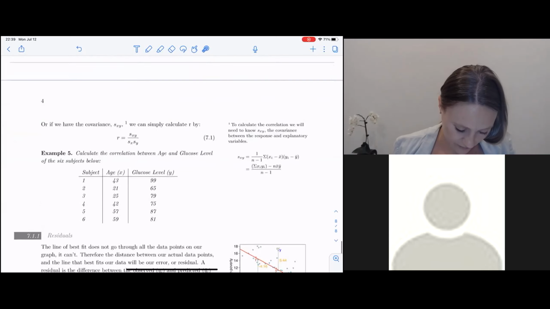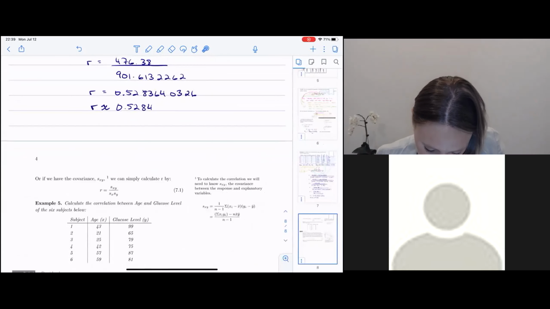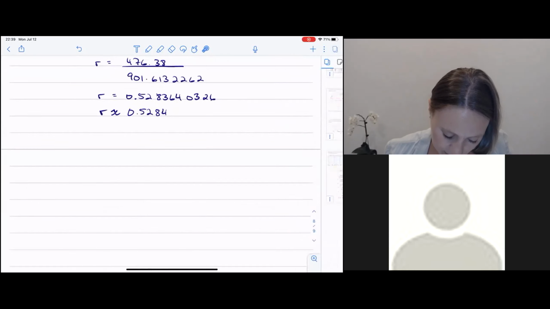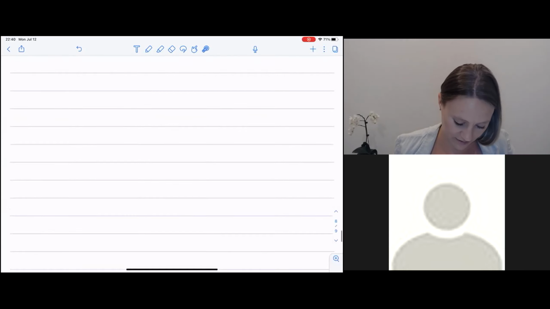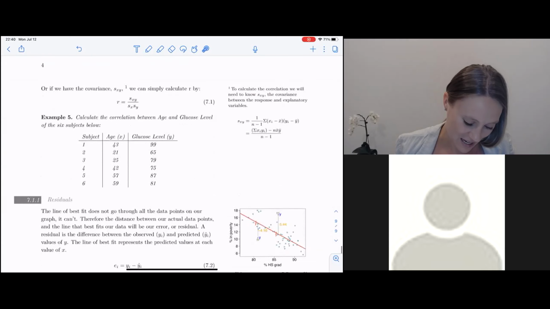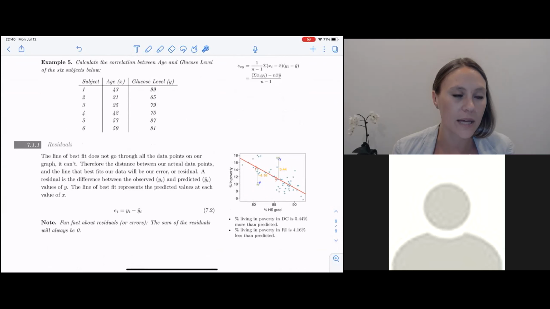Okay. So the last thing that I want to talk about is, I went a little off-roading here in my mind, I guess, because the textbook introduces the residuals after we fit the line. But I think here I just kind of wanted to introduce them and get them out of the way.